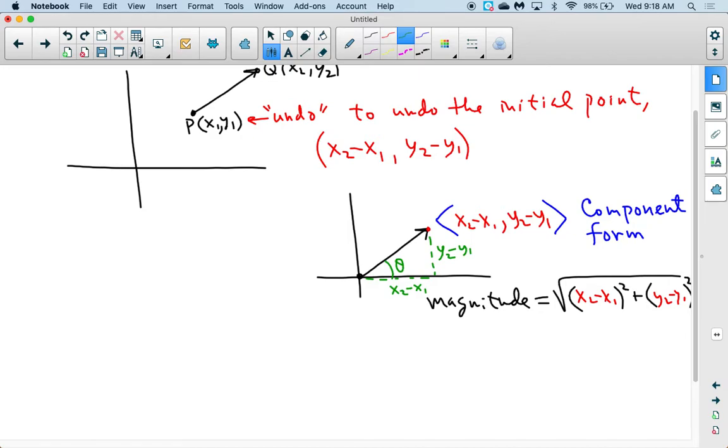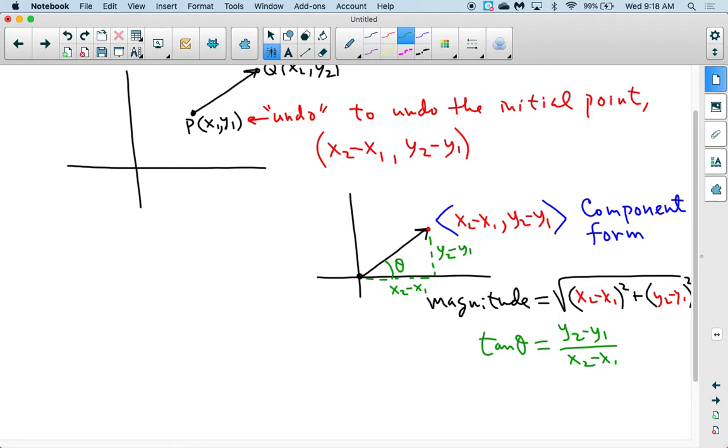But this relationship would still hold: tan theta is this ratio, y2 minus y1 over x2 minus x1.